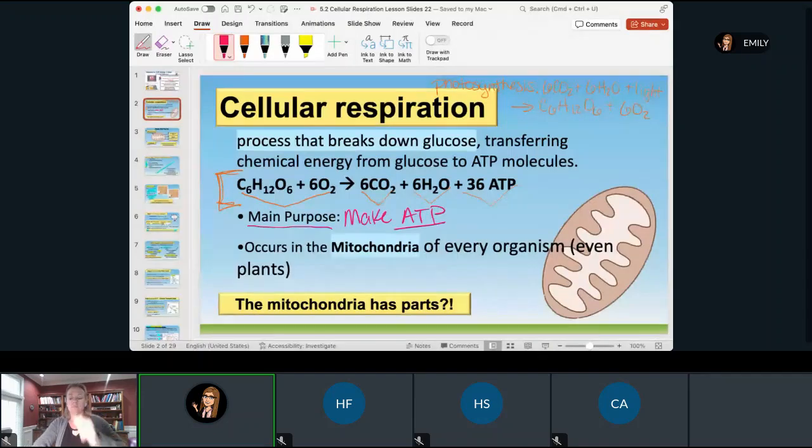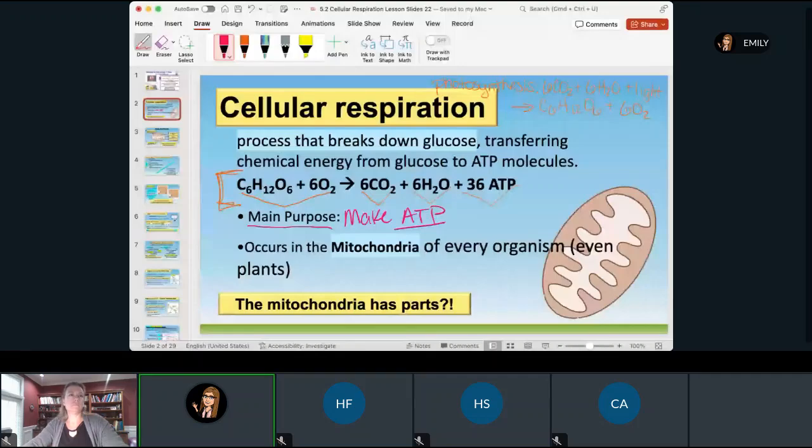They made their own paycheck. We don't have to make our own paychecks because we eat food. So we eat our energy paychecks. That's where our glucose comes from. Every single organism, even plants, go through cellular respiration.